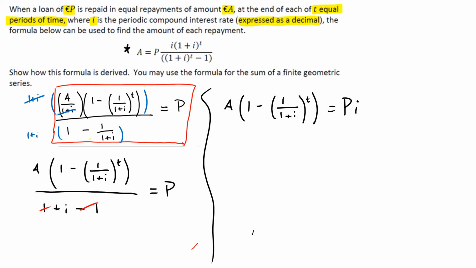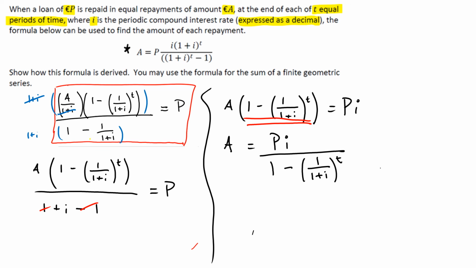So I've multiplied both sides by i to get rid of that i in the bottom. I'm trying to figure out a on its own. So what we can do is a is equal to P times i divided by everything that was beside a, so this whole bracket here. So we have 1 minus 1 over 1 plus i to the power of t.